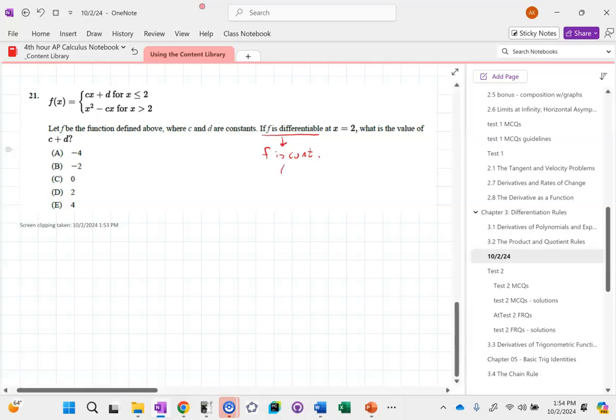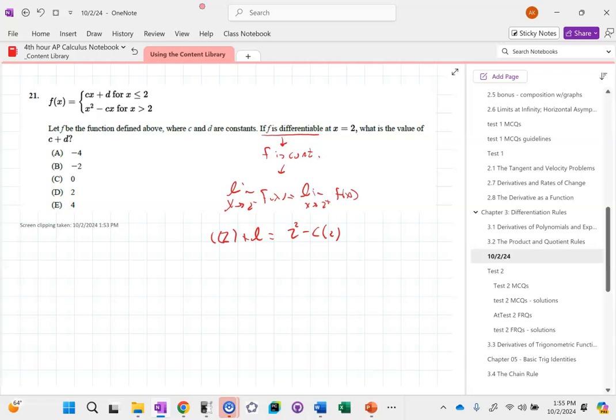So because f is continuous, I know the limit as x approaches 2 from the left of f of x equals the limit as x approaches 2 from the right of f of x. So I can say c times 2 plus d equals 2 squared minus c times 2. Is that okay right there? I've just plugged 2 into both pieces and set them equal.